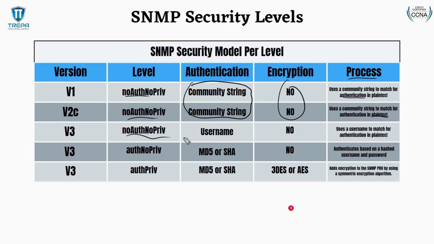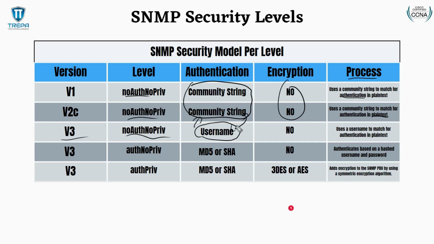And then version 3, you don't have community strings with this no auth, no priv security level. You still have a username though. So you're just using a username to match authentication, but that's also going to get sent in plain text. So, I mean, what's the difference there when you really think about it?